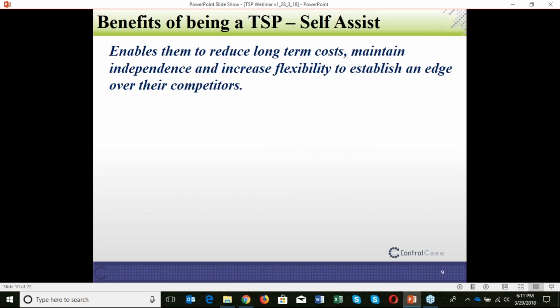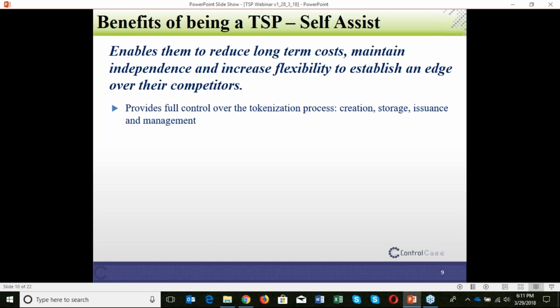Now, why TSP and what are the benefits of being a TSP? Obviously, it gives you a lot of internal help. It reduces fraud management. Also, there is full control of the tokenization process, meaning they create their own tokens, manage them, and can have their own processes within the environment.